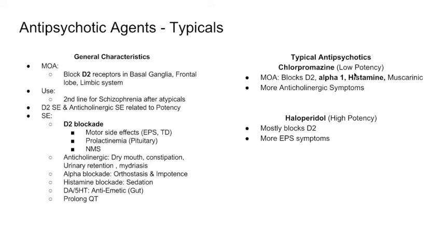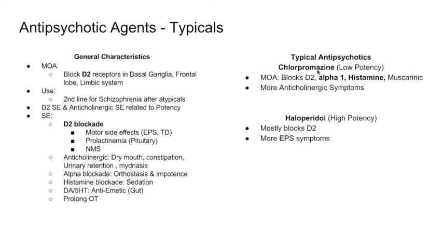Low potency antipsychotics means that you need a big dose to achieve the desired effect of the medication. If you need a big dose, you're going to start losing the selectivity for dopamine. That means you're going to hit a lot of the other receptors: the cholinergic, the alpha, the histamine, all of these receptors.